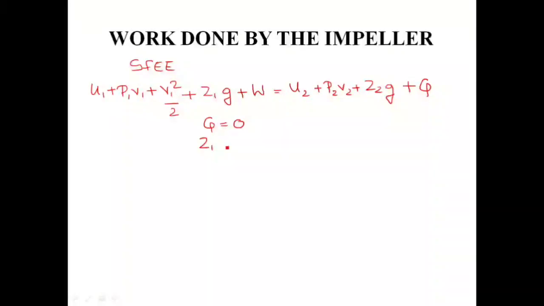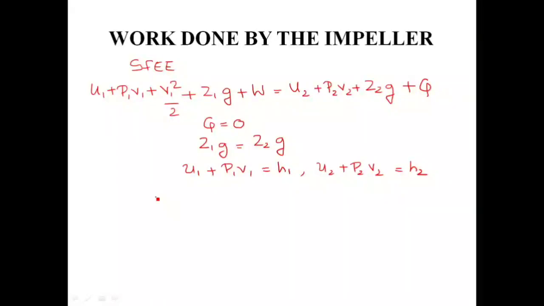Also the datum is in the same line, so Z1 G equals Z2 G, and we know that U1 plus P1 V1 is equal to H1, and U2 plus P2 V2 is equal to H2.